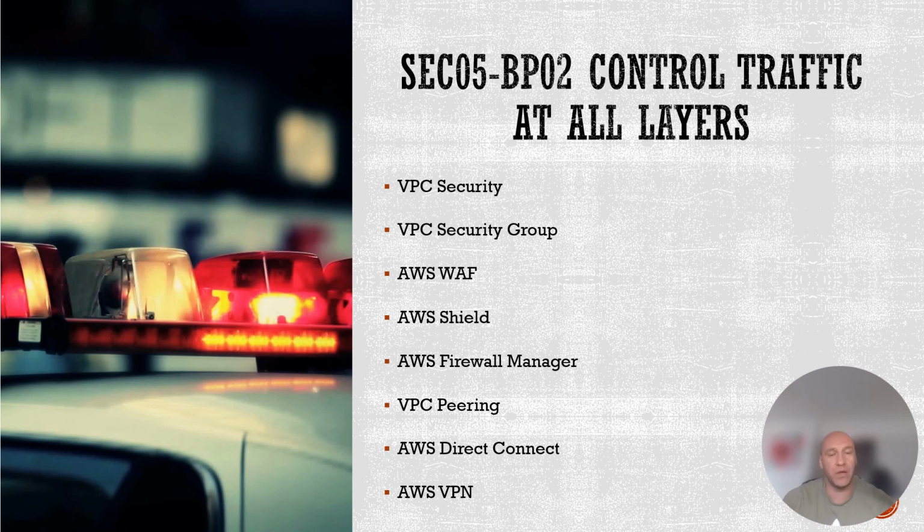This way we're not traversing the public internet, and the end-to-end is always encrypted. So it's a great way to reduce the potential threats and vulnerabilities that can be exploited in the open public internet. So that's the control of traffic at all layers.